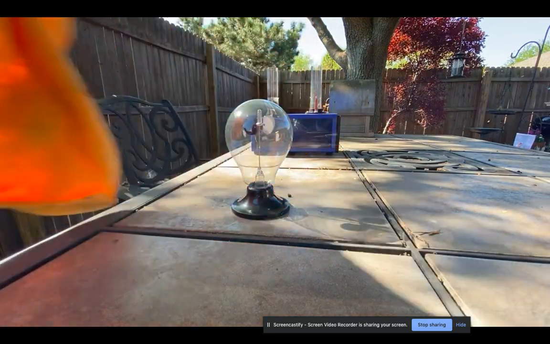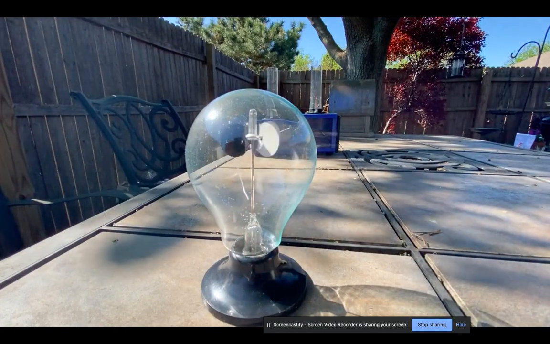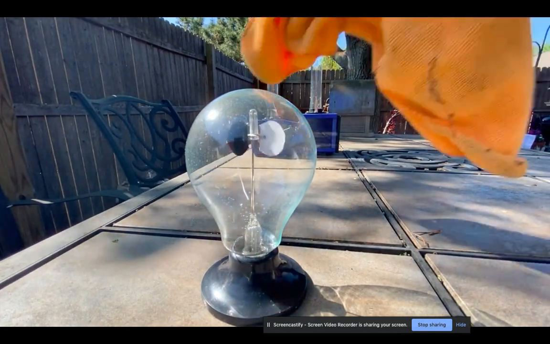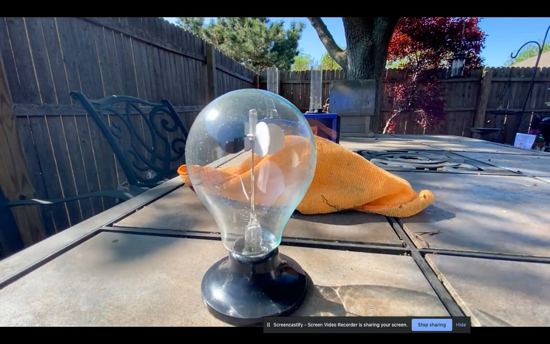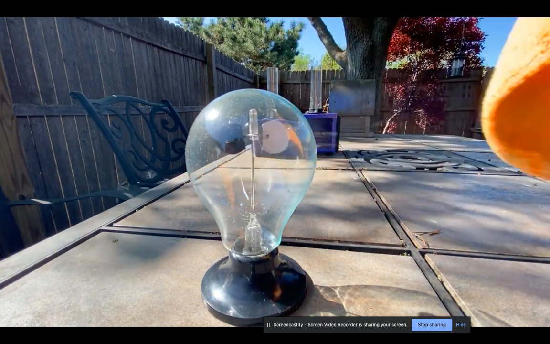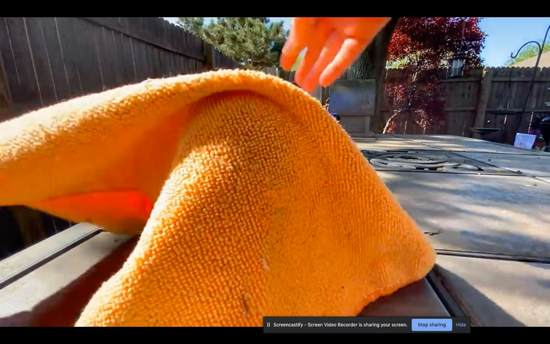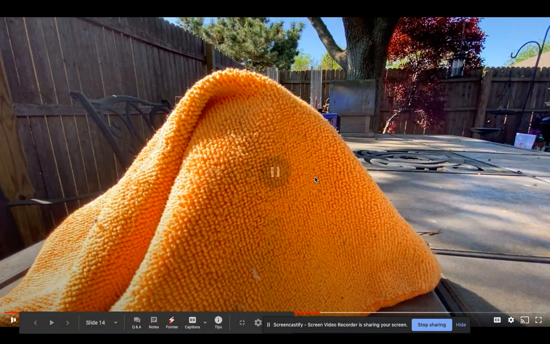But when I put it into the full sun, watch what happens as it's getting radiation from the sun. It starts to spin much more quickly. It's spinning faster and faster and faster. So that's from the radiation of the sun. And if I were to cover it up, it would take a few minutes, but it would start to slow down again.